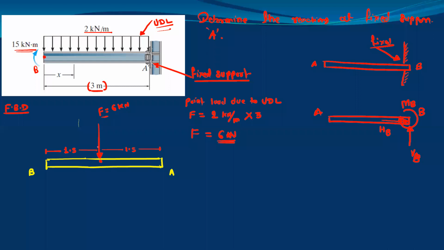Next, we have to show the reactions at point A. A is the fixed support, so it will have first two reactions. One is the vertical reaction VA. Second is the horizontal reaction. The horizontal reaction HA, you can assume on the positive side, or even on the negative side.